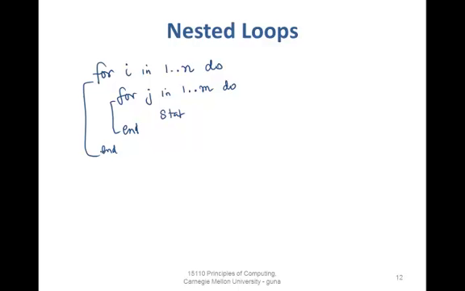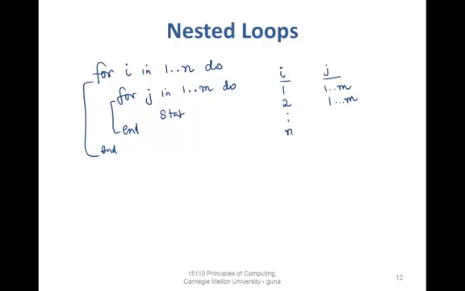The way you want to think about the execution of this loop is that you would fix I at 1 first, and then you do the entire internal loop. So the j would run from 1 to m. Then you go back and fix I equals 2. J again runs from 1 to m.